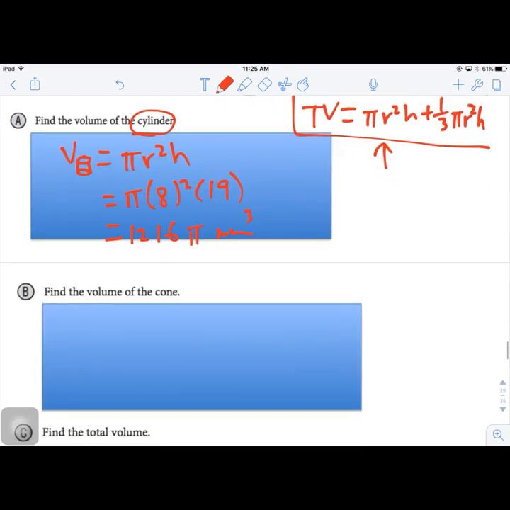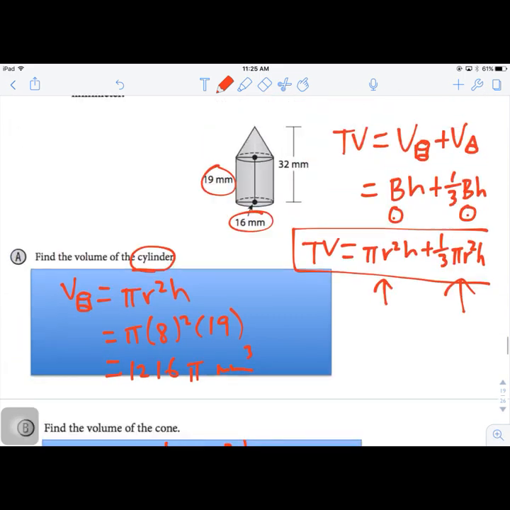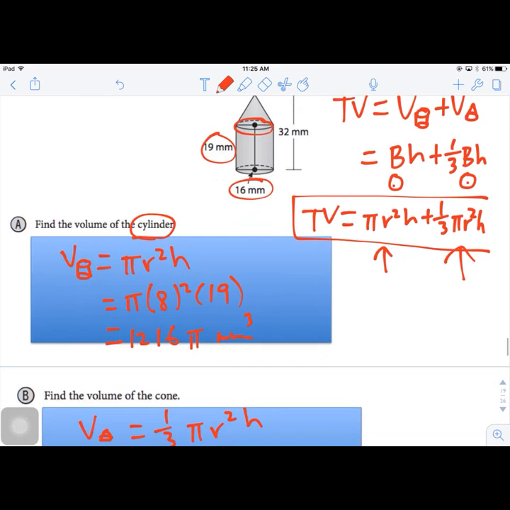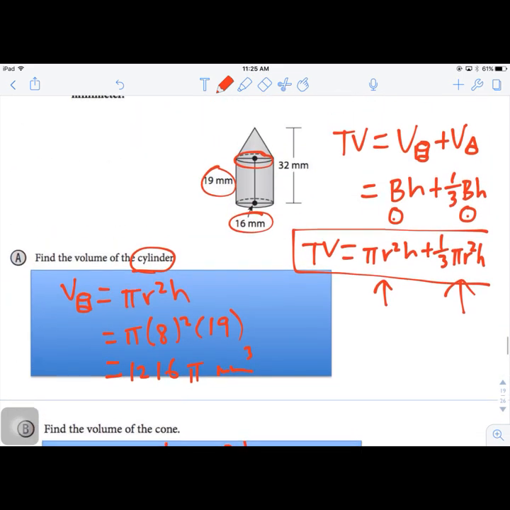Next, we're going to find the volume of the cone. Well, we already know that the volume of the cone is given by 1/3 pi r squared h. And the radius for the cone is going to be the same as the cylinder, so it's going to be half of 16, which is 8. Square that times the height.